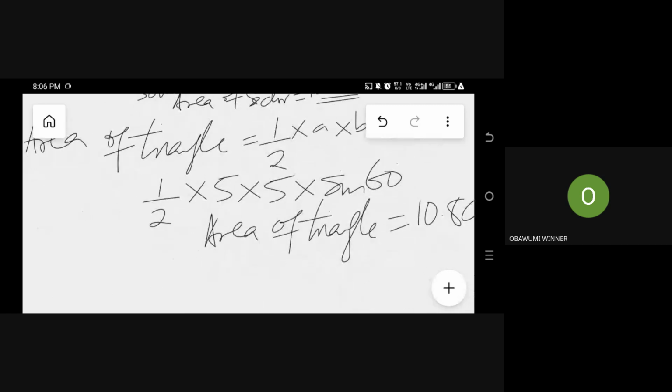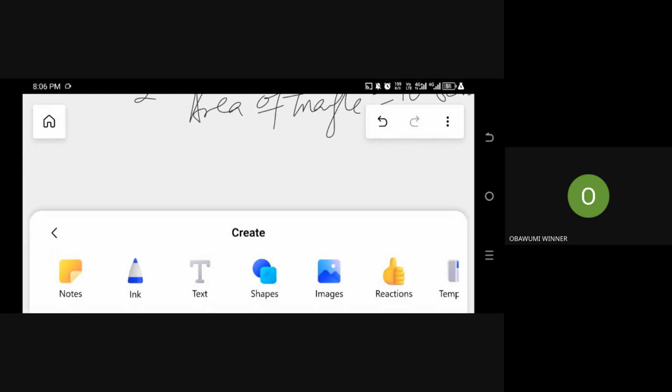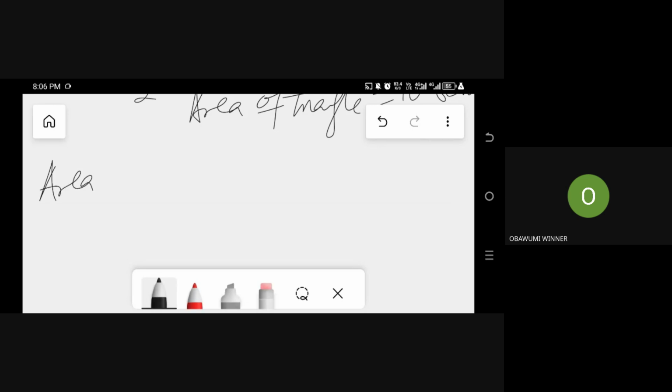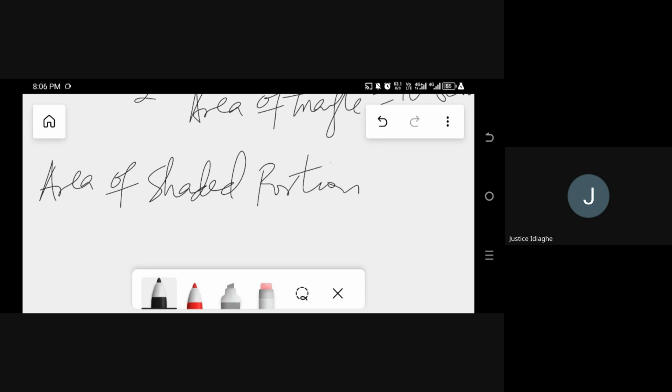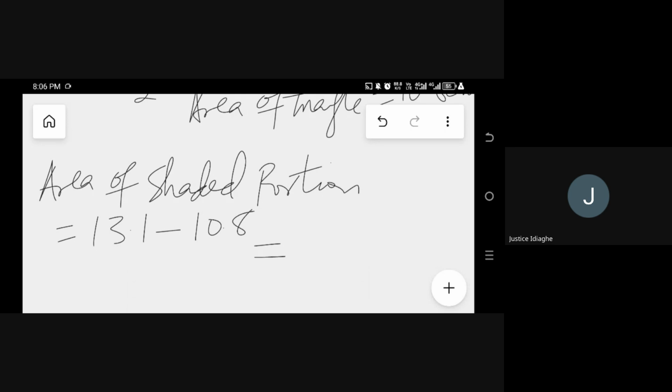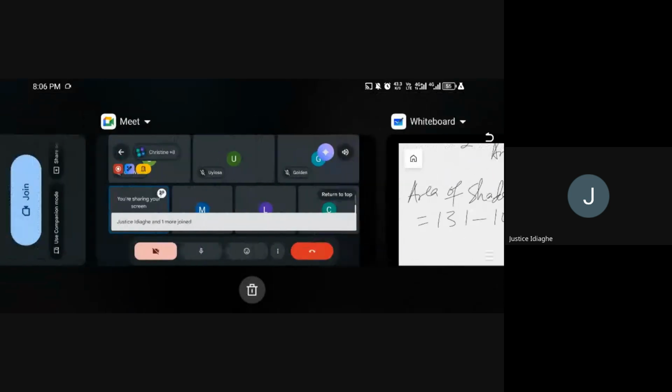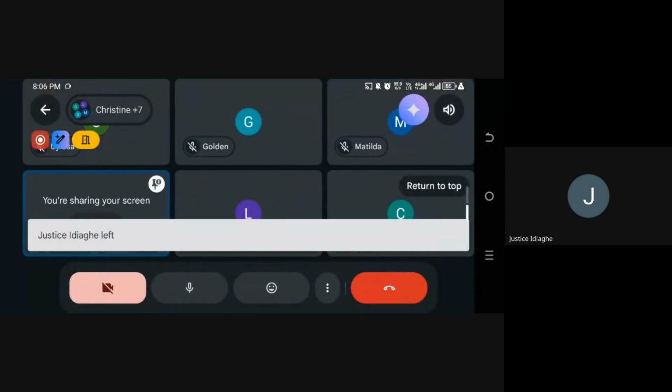So what is the area of the shaded portion?